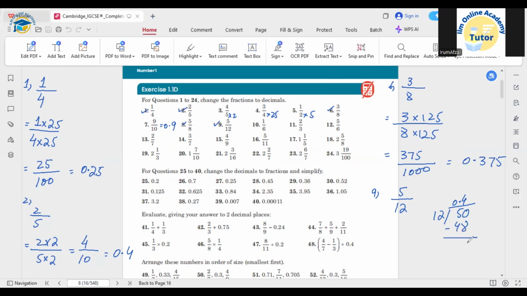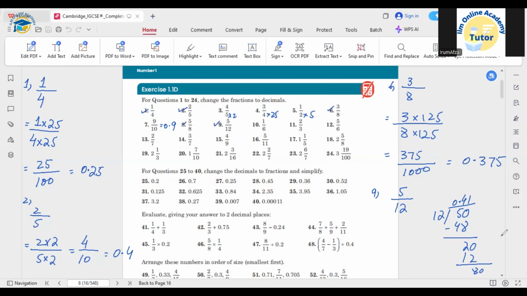So 50 minus 48 would be 2. Then again, one more decimal point we can use. And after using this, we can go with 12, 1 times 12. And we are going to have 8 after that. Then again, one more 0 we need to apply because this 8 is a very small number.